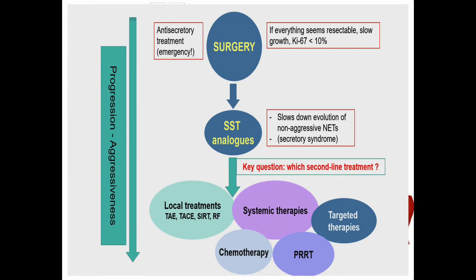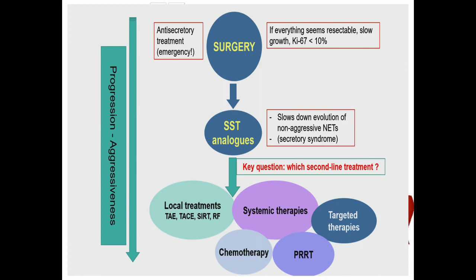The second step in almost all patients, at least if the disease is not too much aggressive, are somatostatin analogs. I will not spend too much time on this because it's well known, but of course this is a treatment that is simple, non-toxic, and is able to slow down the evolution of non-aggressive NETs.